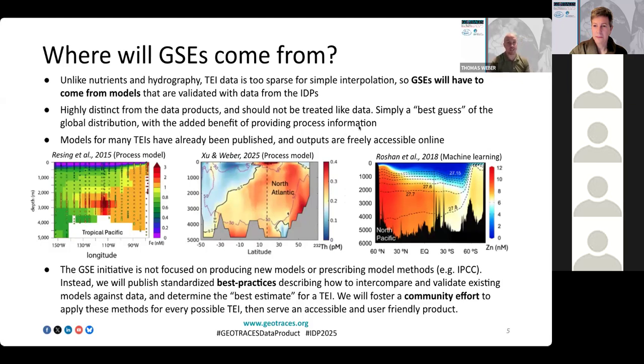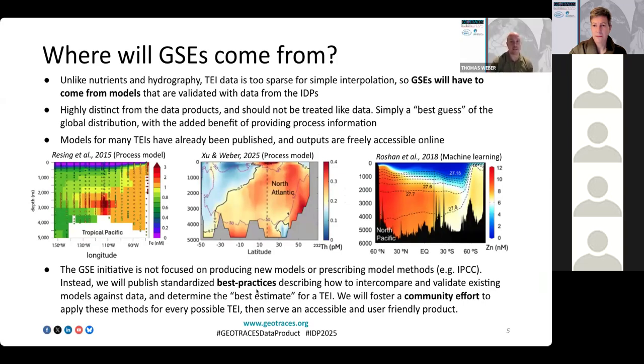Next, we should note that model predictions for many different TEIs like iron, thorium isotopes, and zinc have already been generated and published using both process-based models and machine learning models. In our GSE initiative, our focus therefore will not be on producing new models ourselves, or even on prescribing methods for the modeling community to follow.